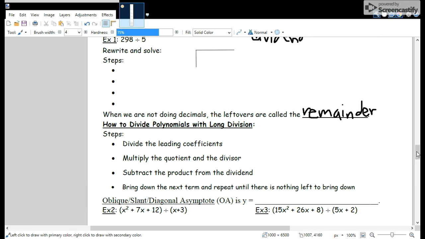How to divide polynomials with long division. Here are the steps. First, you divide the leading coefficients. Next, you multiply the quotient and the divisor. Third, subtract the product from the dividend. And then bring down the next term and repeat until there's nothing left to bring down.